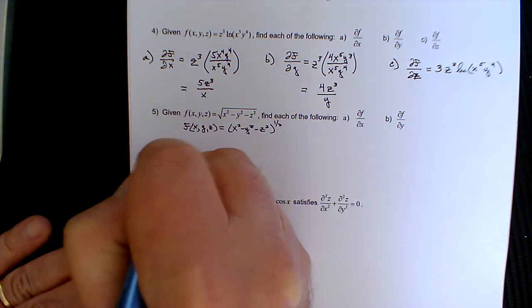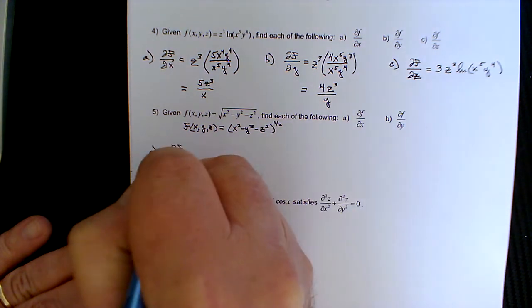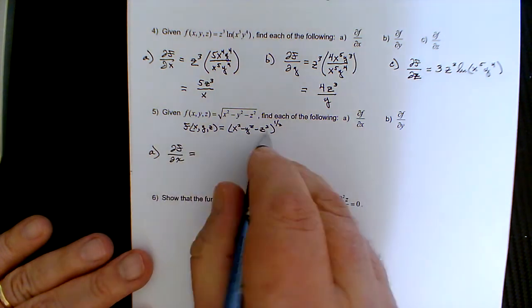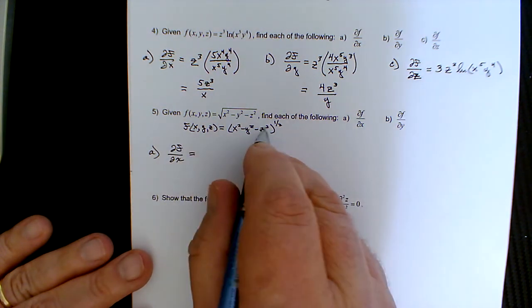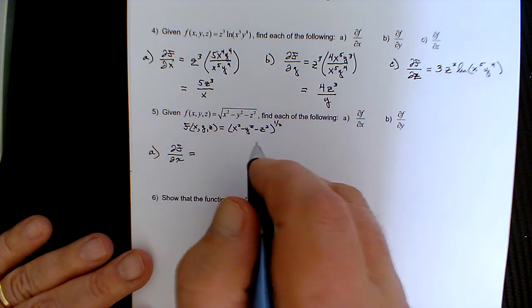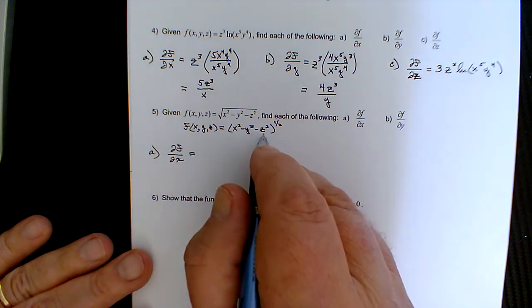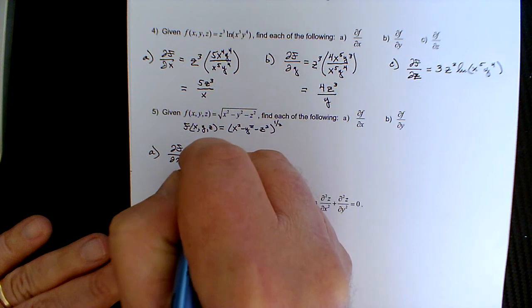And now in part A, partial of f with respect to x. We're going to need the general power rule because it's a function raised to a power. Keep in mind it's with respect to x, so y and z are held as constants.